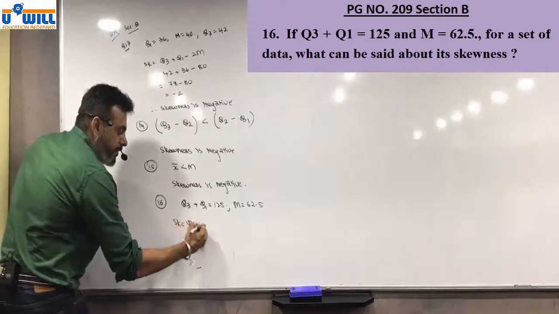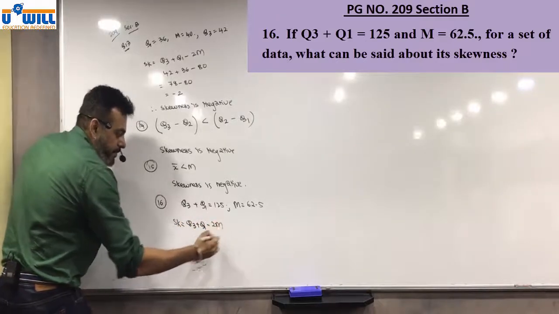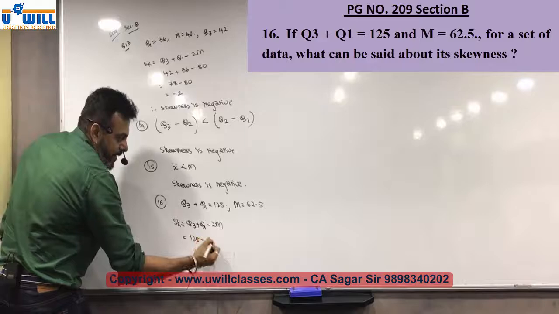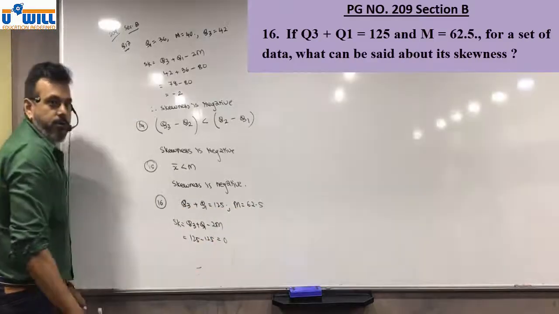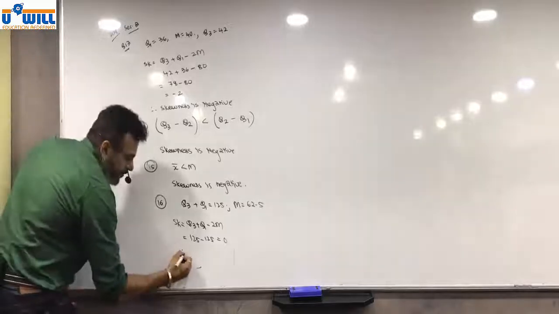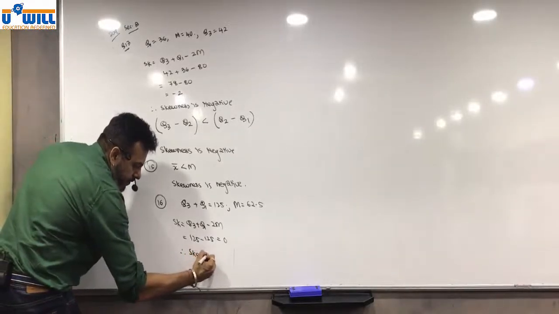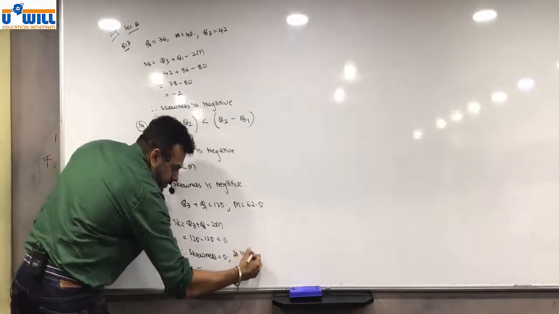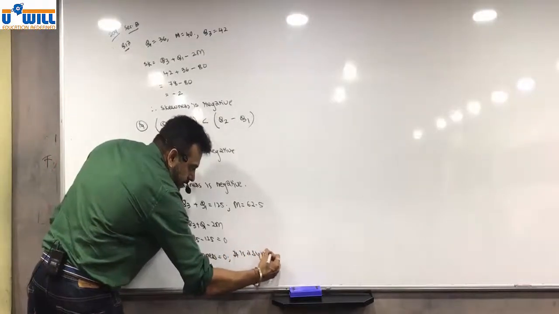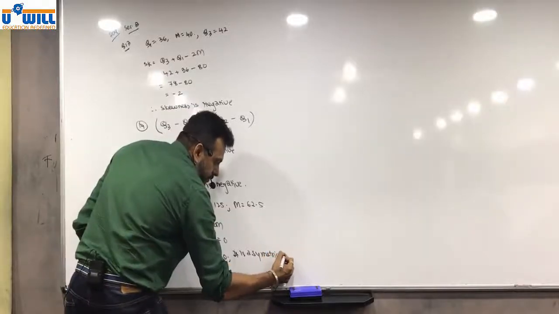Q3 plus Q1 minus 2m, which is equal to 125 minus 2 into 62.5, which is 125, is equal to 0. So, therefore skewness is equal to 0. It is a symmetric distribution.